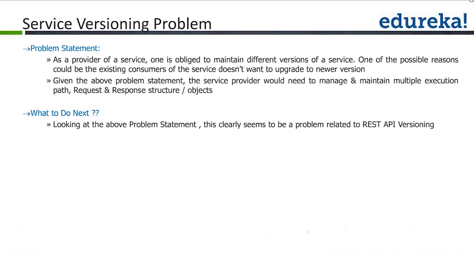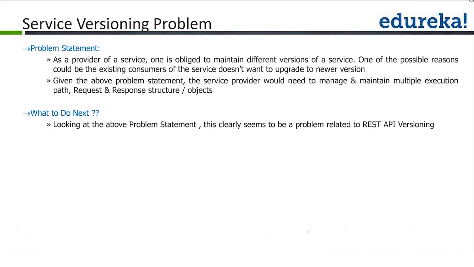This is a very common requirement for any service related infrastructure. One of the possible reasons could be the existing customers of the service don't want to upgrade to the newer version. So the consumer doesn't want to upgrade because, let's say, they don't have the IT support, their IT vendor is no more with them, or for any reason.